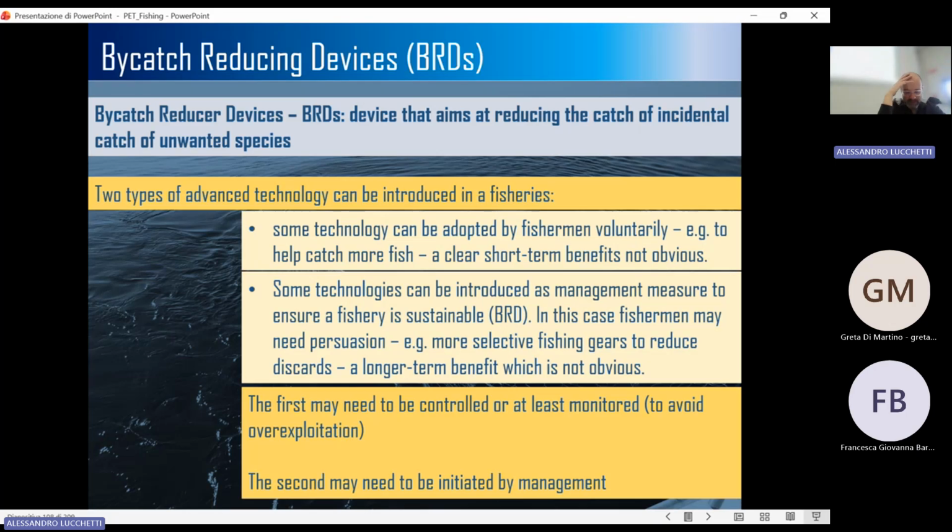So dealing with the bycatch reducing devices, these are modifications that you can make to your fishing gear to reduce the bycatch. Some types of bycatch reducing device can be adopted by fishers on a voluntary basis, such as this last type of gear, which is the trap line that I mentioned before.